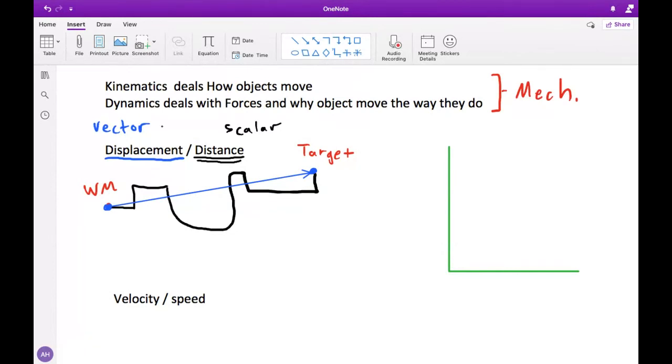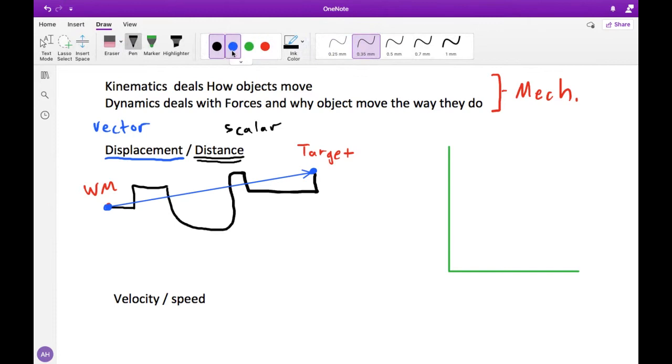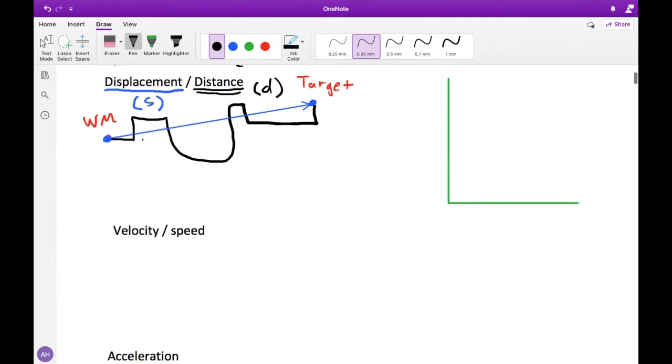I'm going to use the letter S to represent displacement, and for distance, I'll represent that with the letter D.